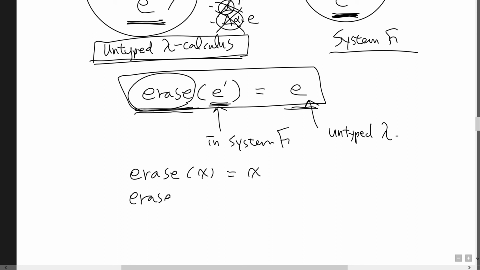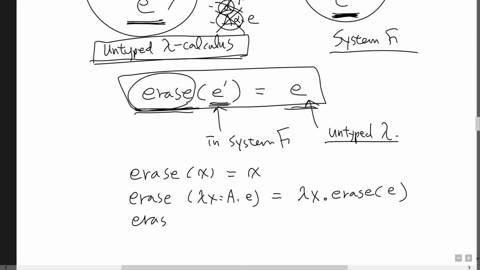If you erase this lambda abstraction, this is system F, so you have this type annotation. But in untyped lambda calculus, you don't have a type annotation, so this is going to be just lambda x, and then you make a recursive call. And what about expression E1 applied to E2? You apply this eraser function recursively.